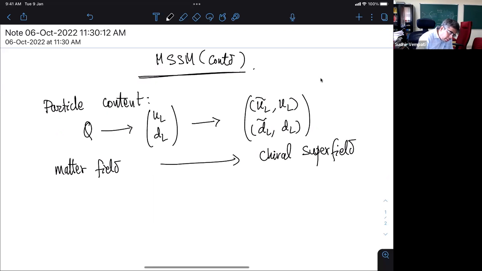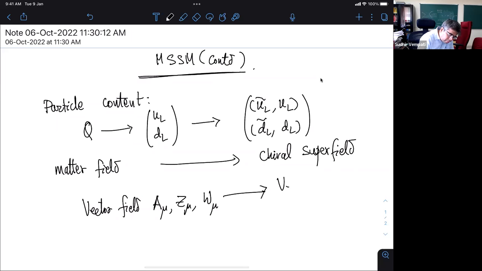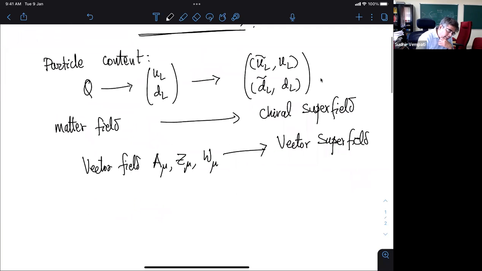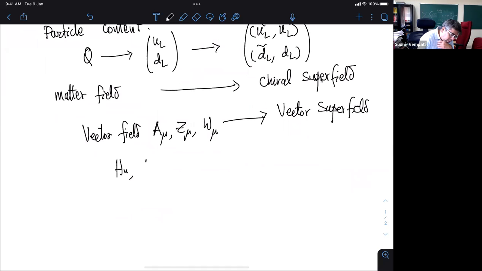And then for every vector field, so essentially photon, Z mu, W mu, we add a vector superfield. Then we needed to add two Higgs bosons, Hu and Hd, for two reasons. One is to give masses to both up and down type quarks, and secondly to cancel anomalies.